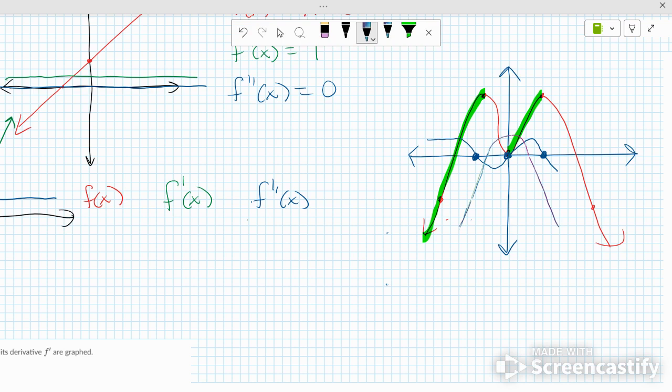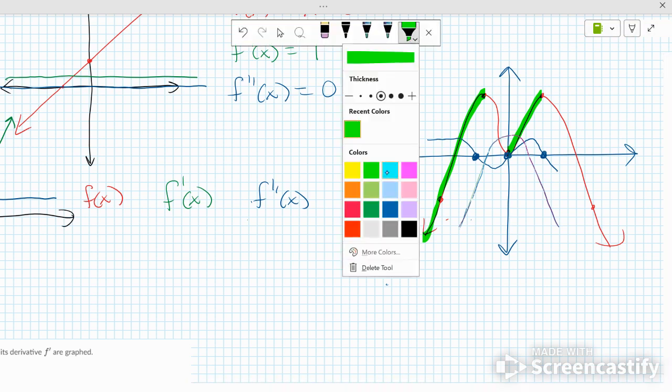Now, how did I know that? Well, the second derivative tells me what? Acceleration when we're dealing with speed and that. But what's our magic word we just finished with? Concavity. We're concave down. Let me change my highlighter to a different color.